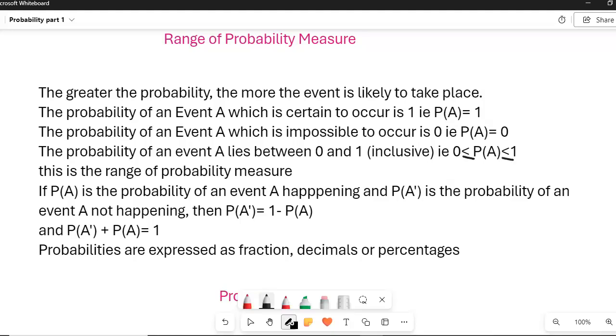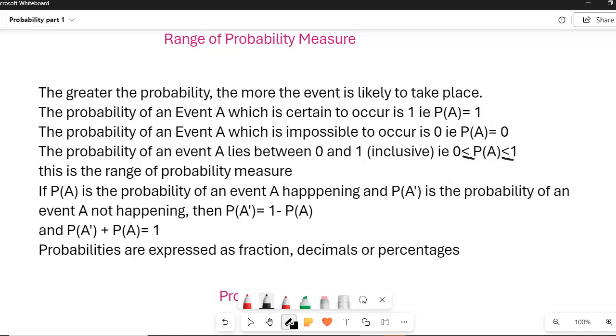That is, 0 ≤ P(A) ≤ 1. This is the range of the probability measure. If P(A) is the probability of an event A happening, then P(A') is the probability of event A not happening. That is, P(A') = 1 − P(A).